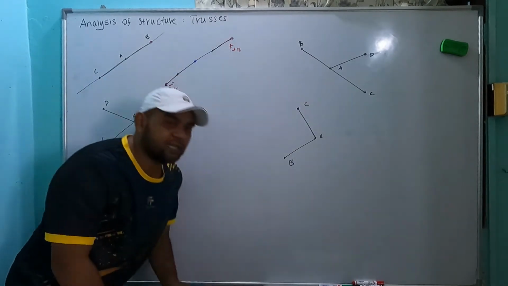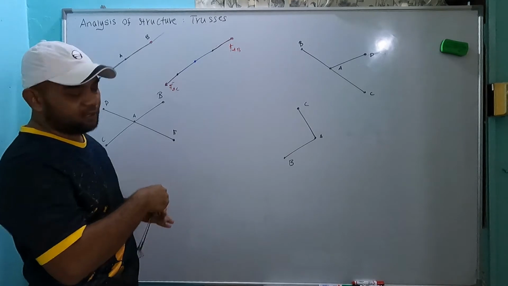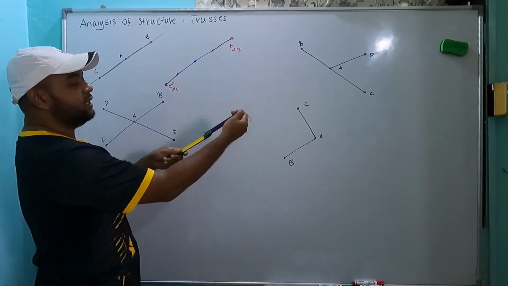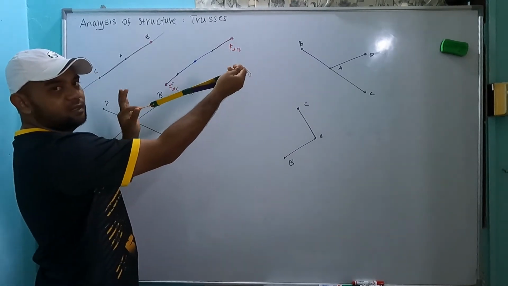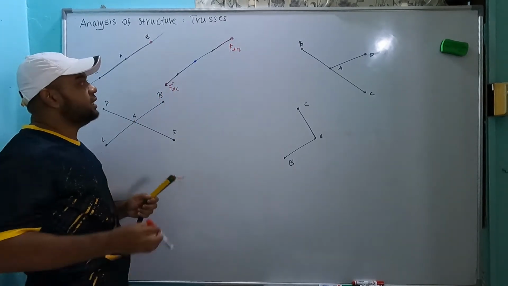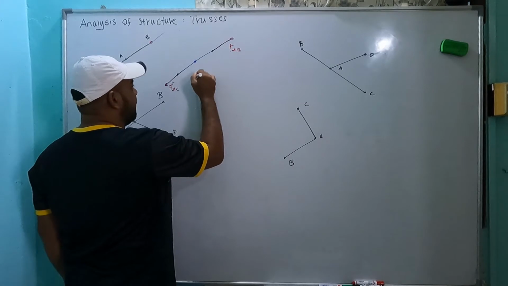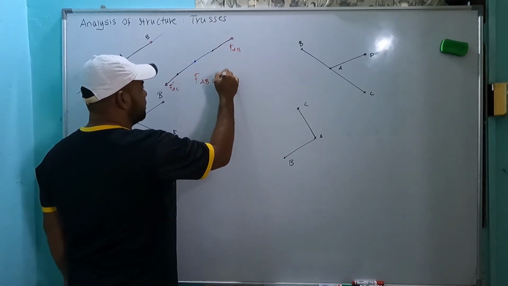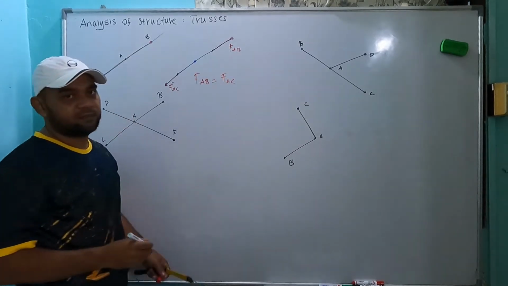For it to stay in that direction, the force pulling in this direction must be the same as the other force here. It is action and reaction, Newton's third law. So FAB is equal to FAC.